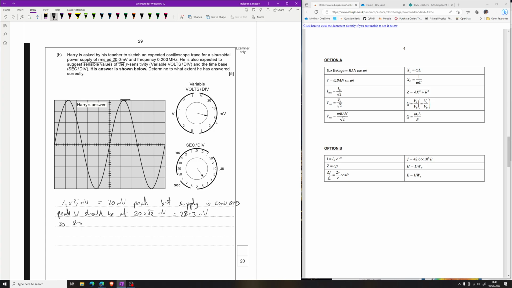So he should use, well, the next one up is 10 millivolts per division. Let's have a look then at the time base. That's set to 1 microsecond. So 1, 2, 3, 4, 5.